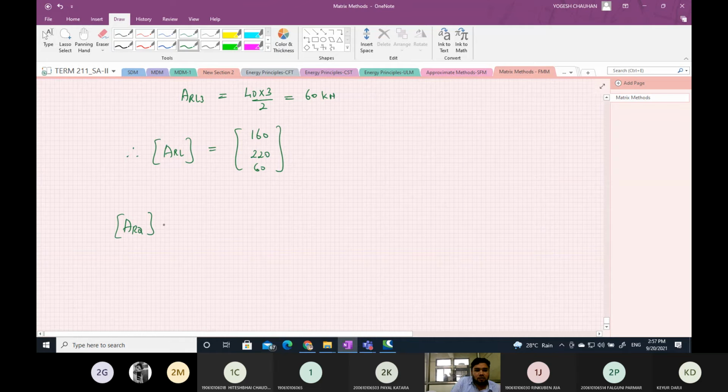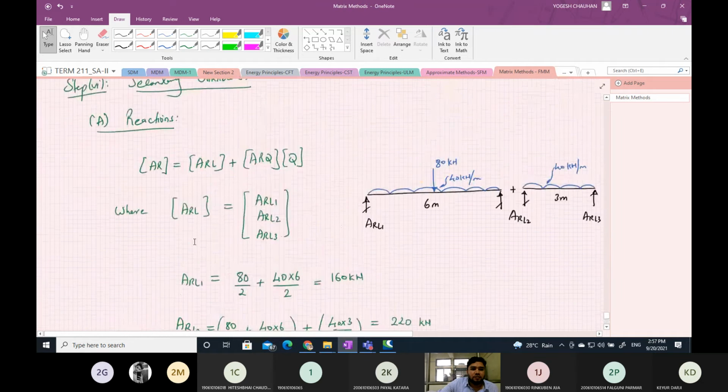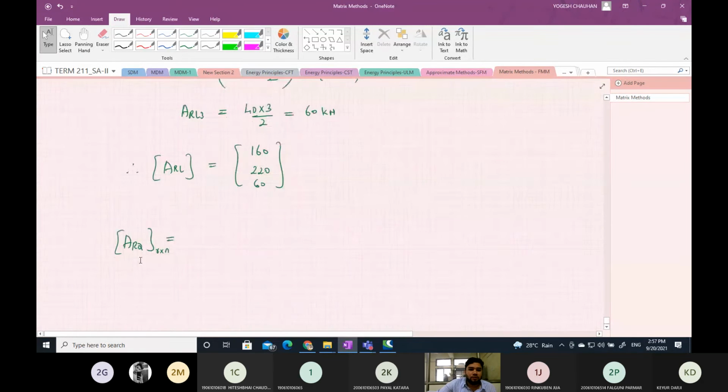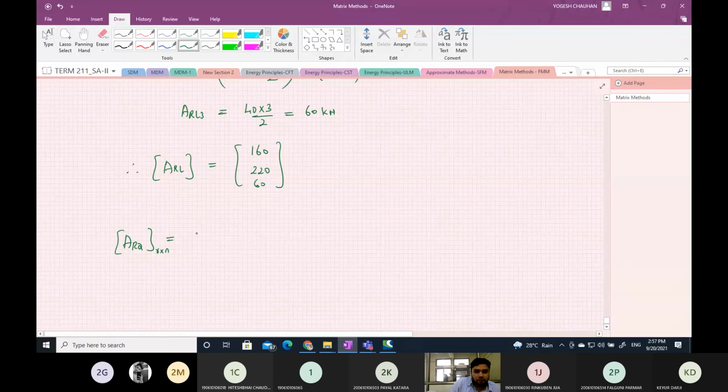Okay. Now next is the ARQ matrix, which will be R cross n matrix, where R is the number of reactions. So here we have 3 reactions, and n is the SI of the system. Here SI is 2, so the ARQ matrix will be a 3 cross 2 matrix.